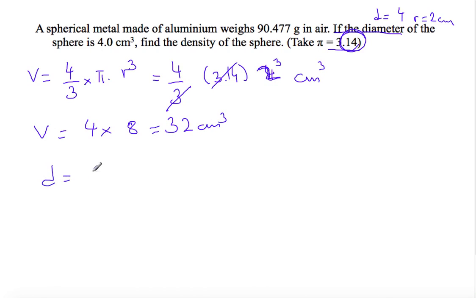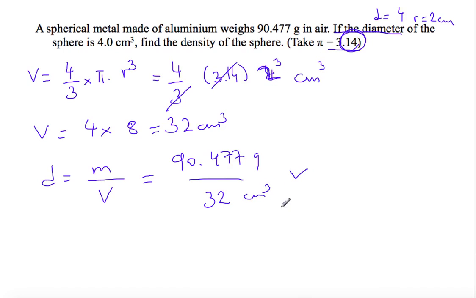Density equals mass out of volume, 90.477 gram out of 32 centimeter cube is the answer.